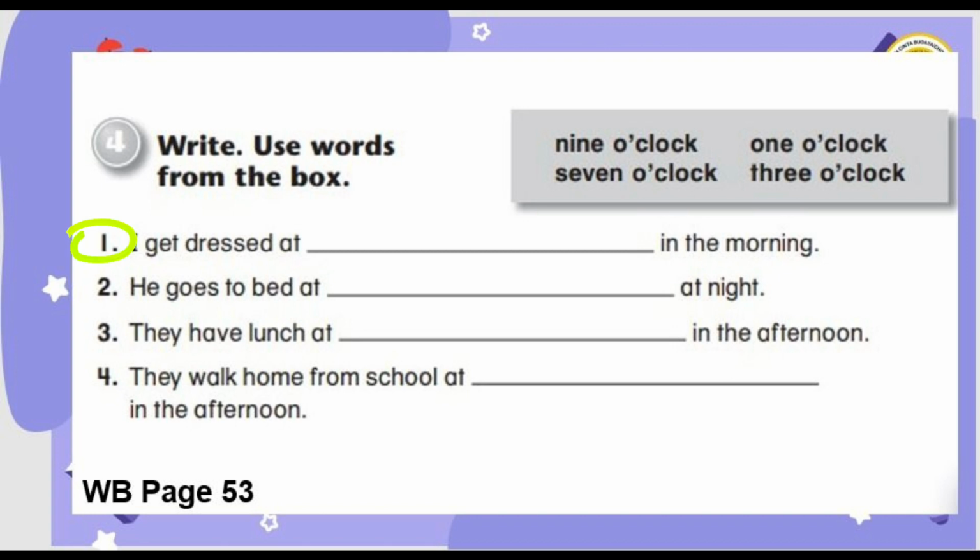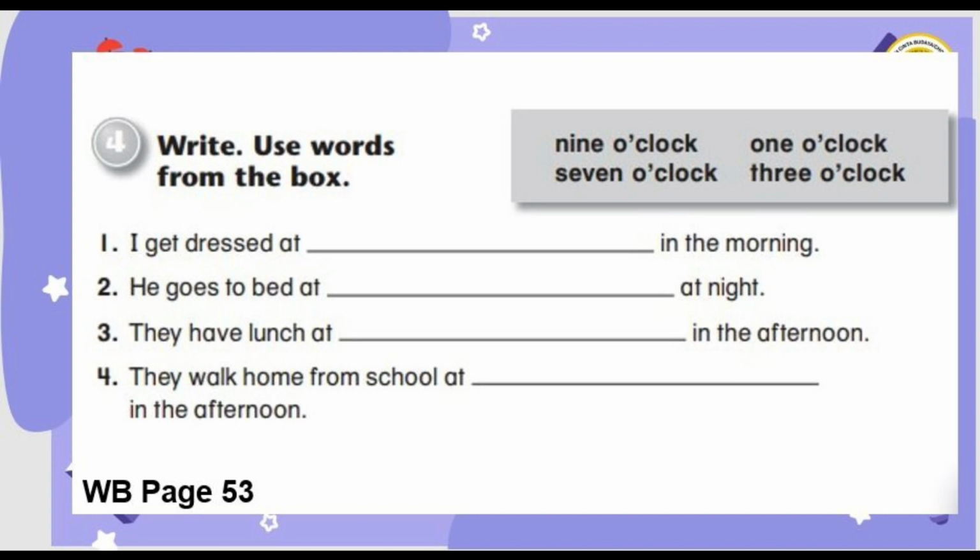Number 1, I will help you to answer. I get dressed at blank in the morning. Saya berpakaian titik-titik di pagi hari. Nah, biasanya jam berapa kita berpakaian di pagi hari? Nah, lihat jawaban yang terdapat dalam kotak.